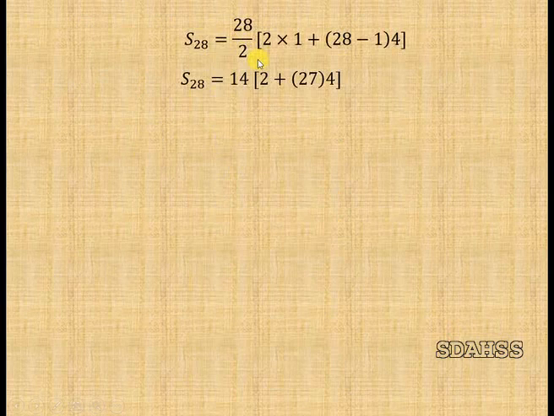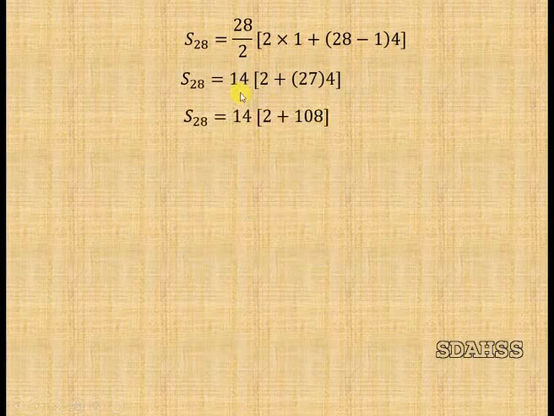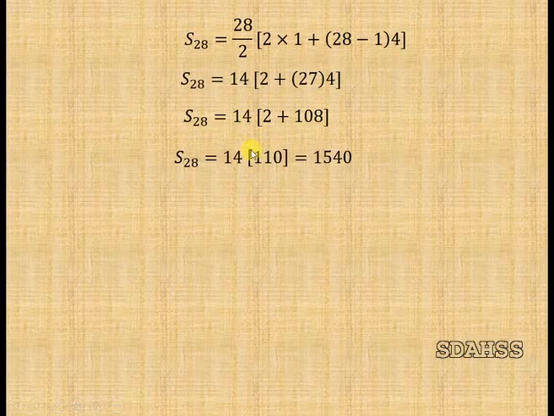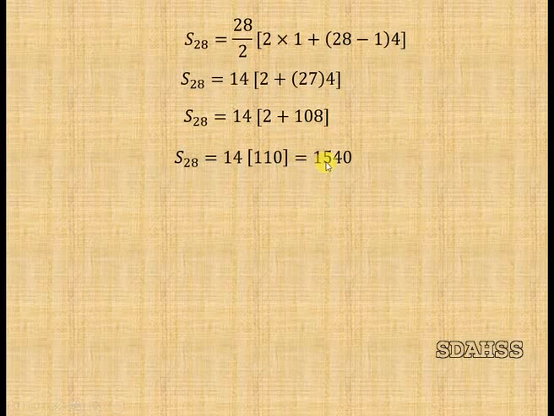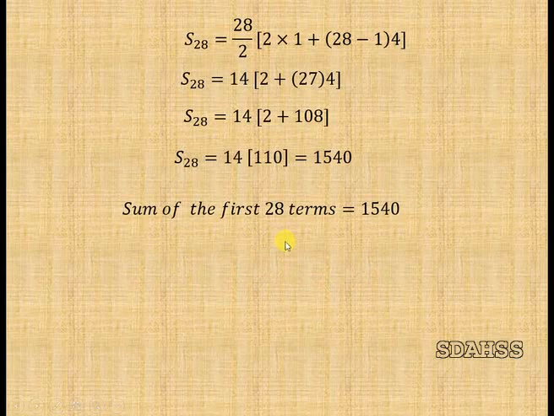Cancel the numerator and denominator by 2, so you have 14 into 2 plus 27 into 4, which is 14 into 2 plus 108, which is 14 into 110, 1540. So the sum of the first 28 terms is equal to 1540.